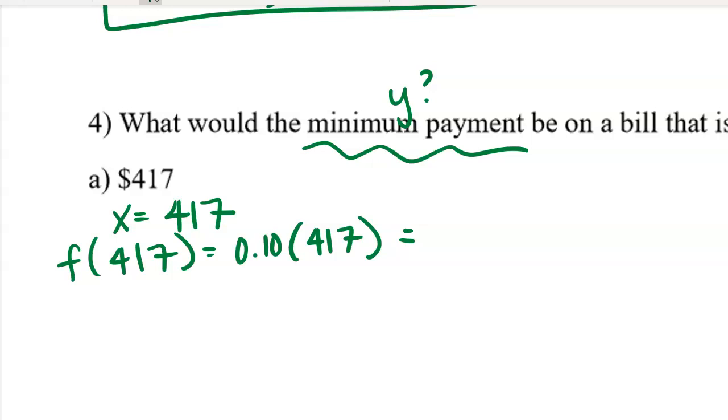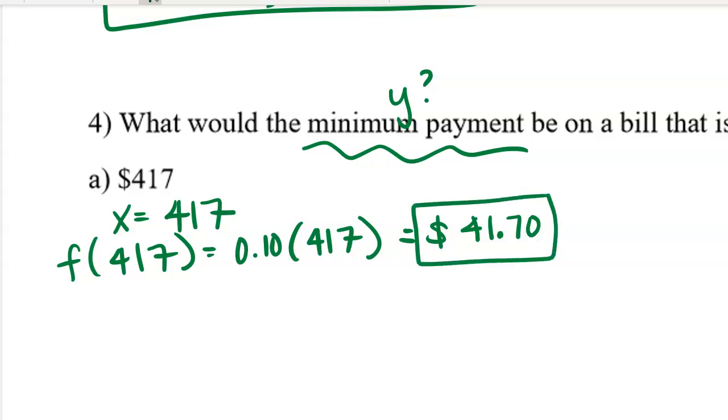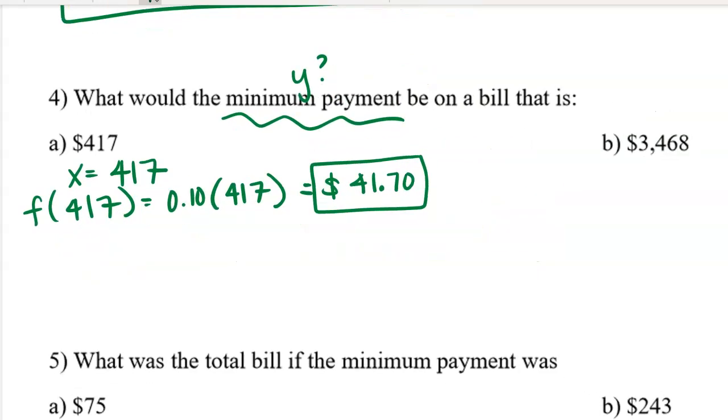Jasmine, what's 10% of 417? $41.70. So would you guys agree .70 is 70 cents technically? So your minimum payment, students, is $41.70 if your bill is $417. All right. You guys go do part B.